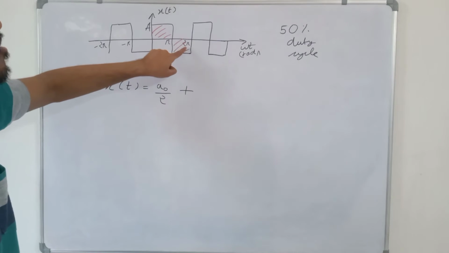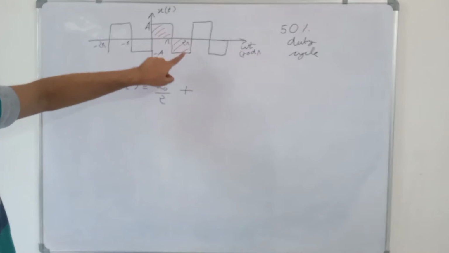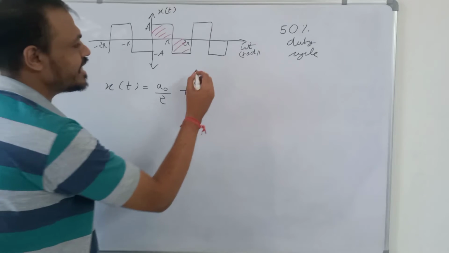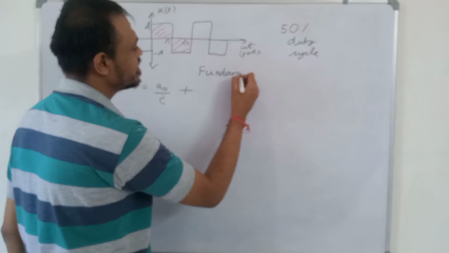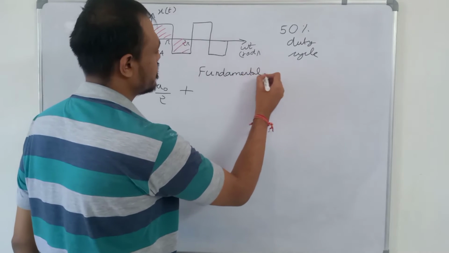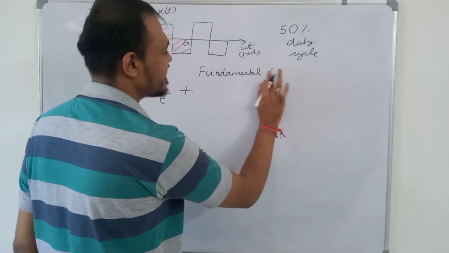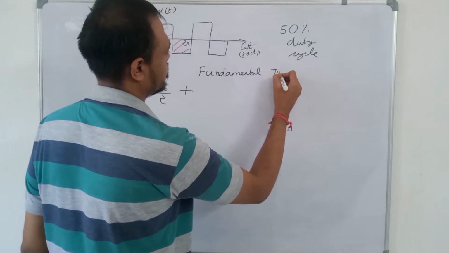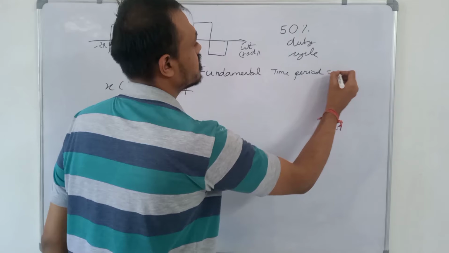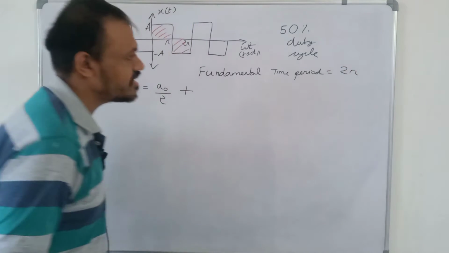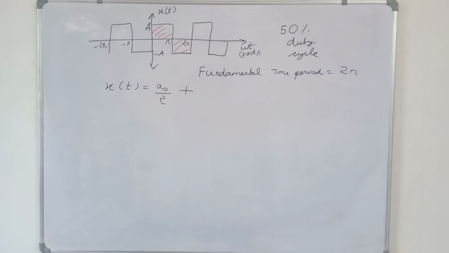So this area is equal to this area, so both the areas will cancel each other. The fundamental time period of it is 2 pi.